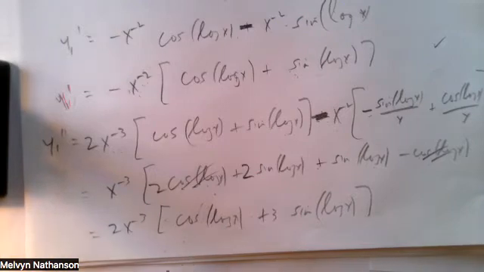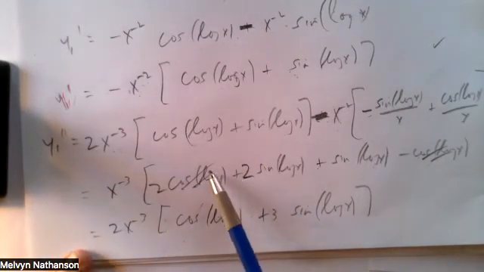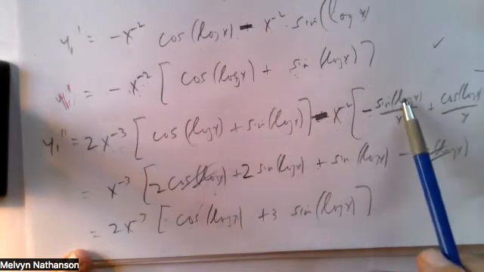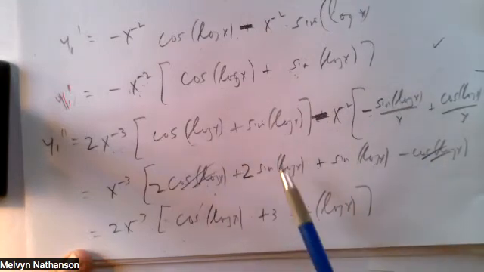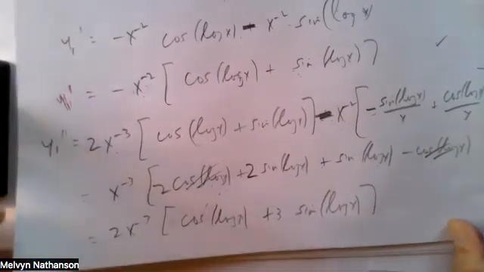So let's see, I hope this is correct. Let me just double check this again. I get plus the sine, so I have 3 sines. I have 2 times the cosine minus, so let's see if this is correct. So I take this and I plug this into my differential equation.